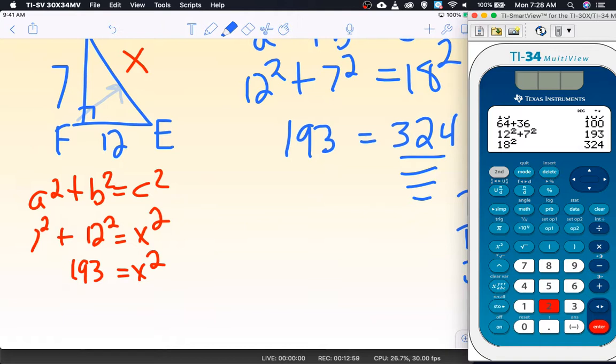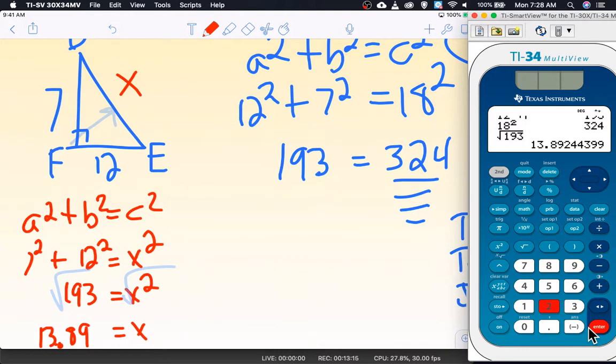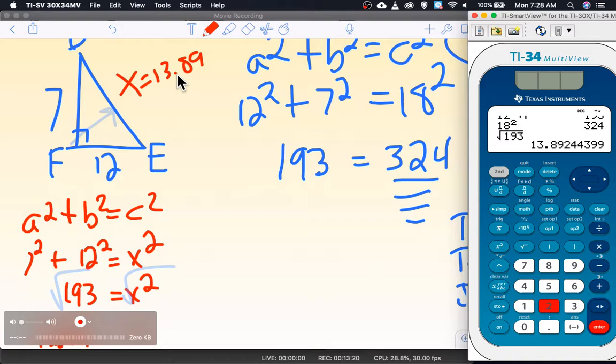And then to do this problem, I would square root both sides, and we get x equals the square root of 193, which is 13.89. There we have it. If this side was 13.89, it was a right triangle.